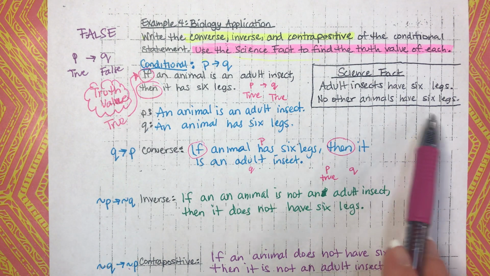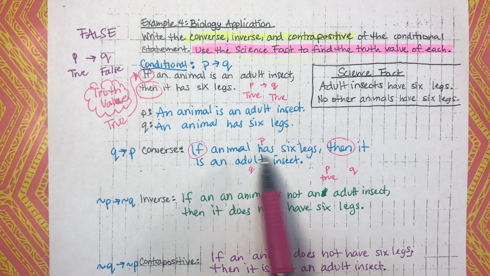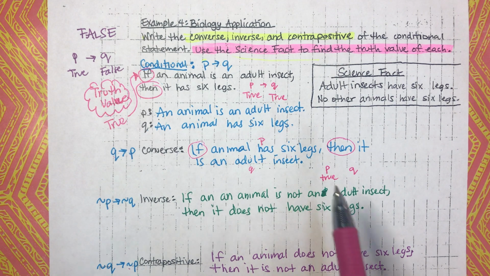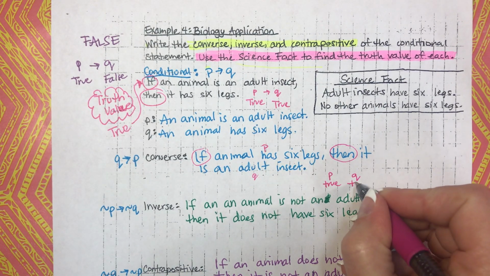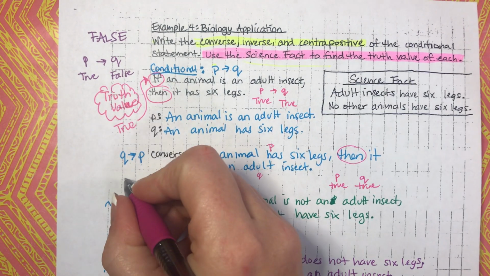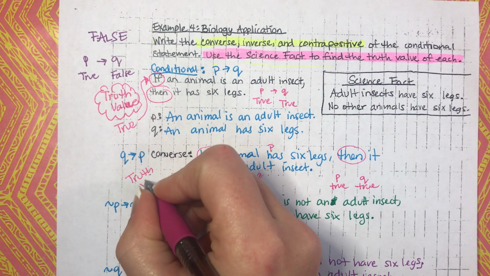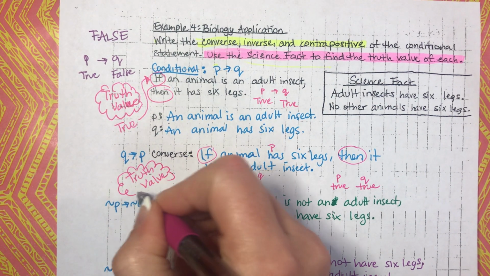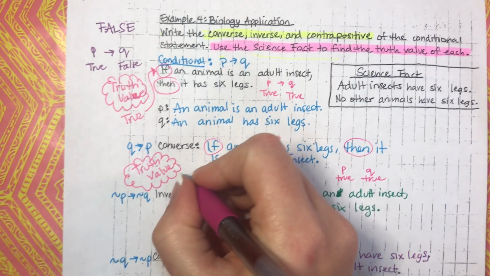So it says no other animals have 6 legs. So if there's an animal that happens to have 6 legs, then the animal is an adult insect. Then yeah, that would be true. So I would say that the truth value here would be true.